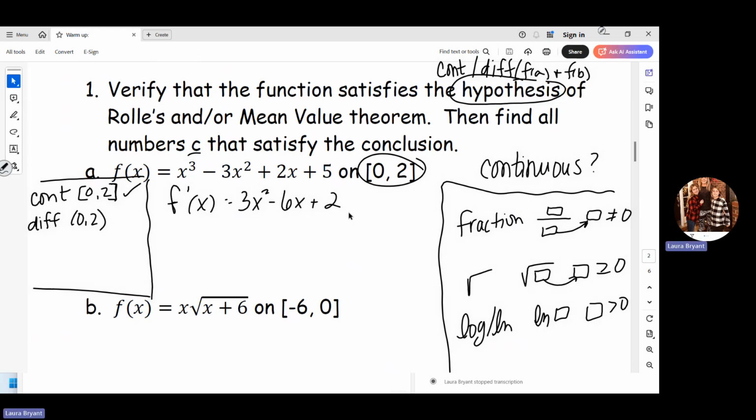Then to check if the function is differentiable, I do the same thing. Is the derivative continuous? Does the derivative have a domain that exists from 0 all the way to 2? So I look at my derivative. Does it have a fraction or a square root or a logarithm? It does not. So we're good here.